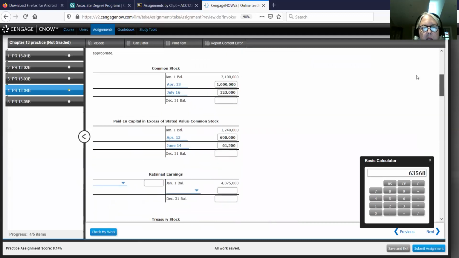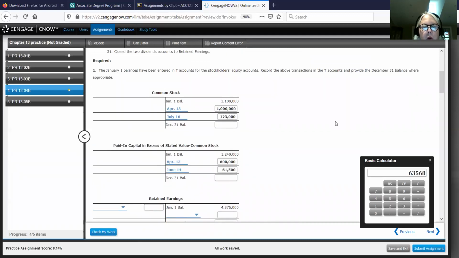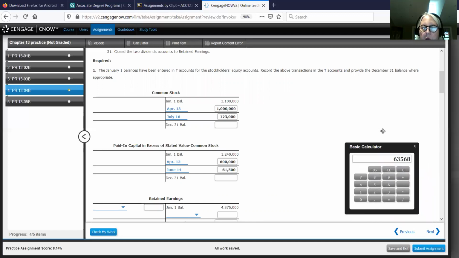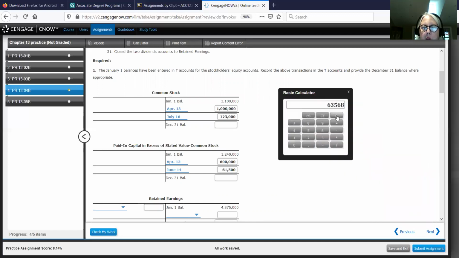The next thing that I probably would do is go ahead and balance the ledger accounts that I could balance at this particular time. So I'm going to start with the common stock, and it has a beginning balance of $3,100,000.